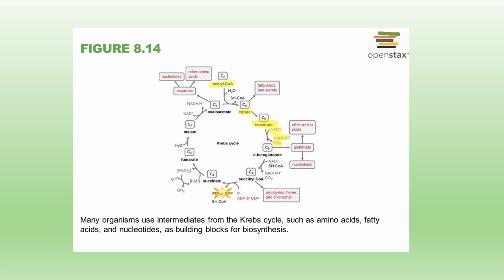And what are you left with? You're left with alpha-ketoglutarate. Now you're going to have another NAD come in, leave with a pair of electrons as NADH. You are also going to have coenzyme A come in, and you're going to make succinyl-CoA. Now you're going to have removed that coenzyme A. You're going to end up with succinate in this process also.